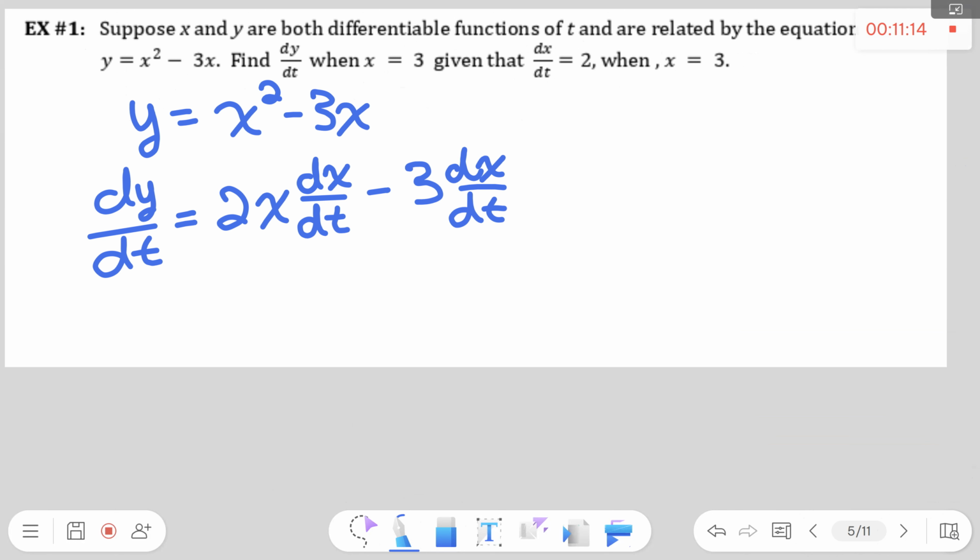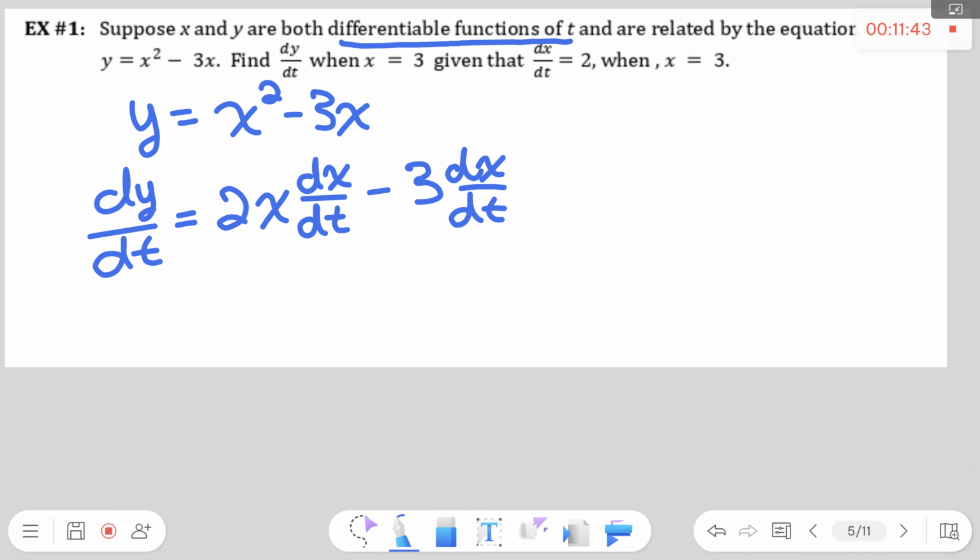Really quick question. Why is it that we're doing the dx over dt? When do you specifically use the chain rule like that? If what you're taking the derivative with respect to is not in that variable, so t is not x, right? We take the derivative of it, it's dx/dt.